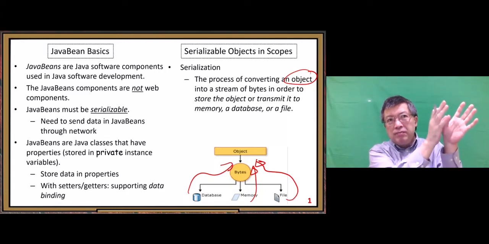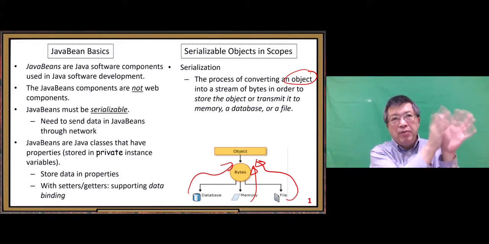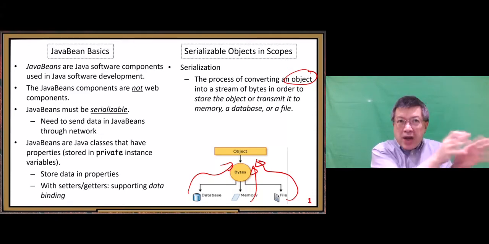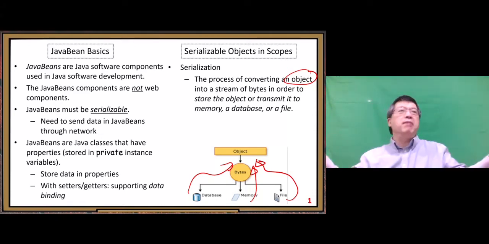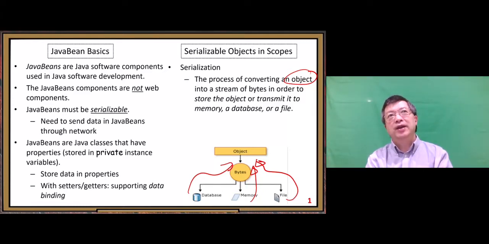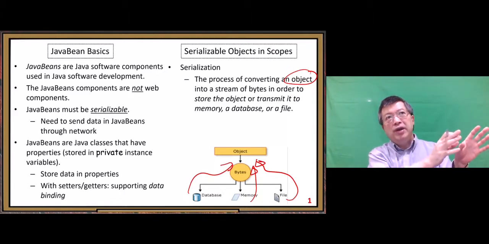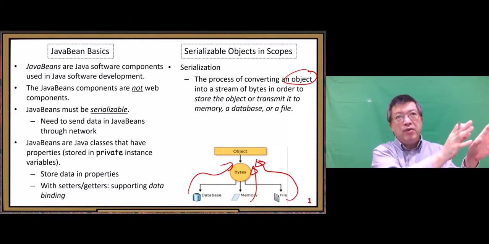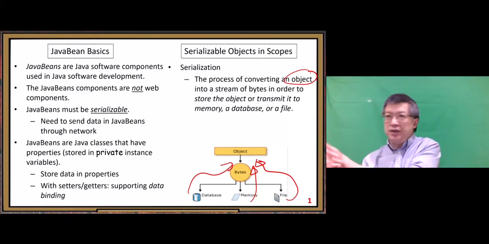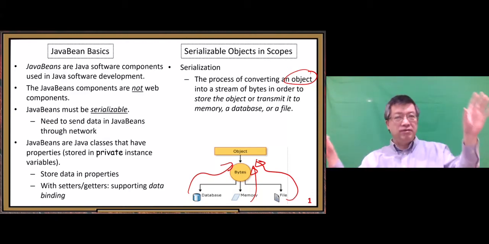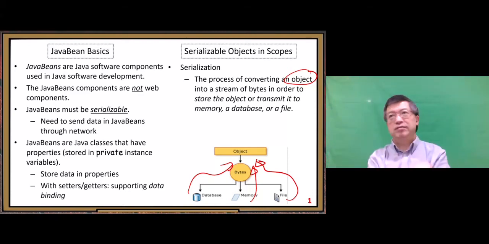If some symbol that can be represented in main memory cannot be represented on the hard drive, then this object is not serializable. We define it that way. Only when the symbol in main memory can also be represented in hard disk and vice versa, meaning all different places can represent it, then that symbol is serializable.